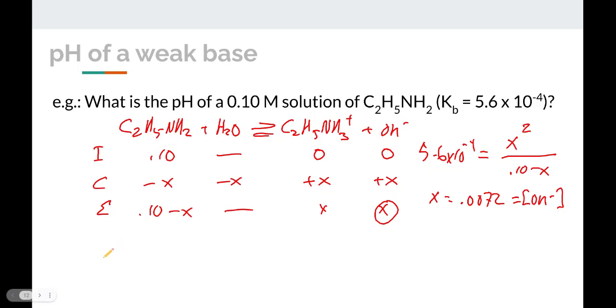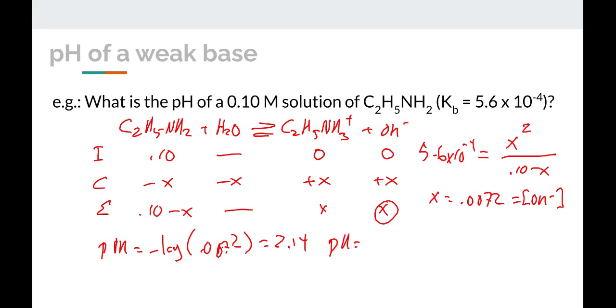So that means pOH is negative base 10 logarithm of 0.0072, which is 2.14. But we want pH, not pOH. So the pH is going to be 14 minus 2.14, which comes out to 11.86.